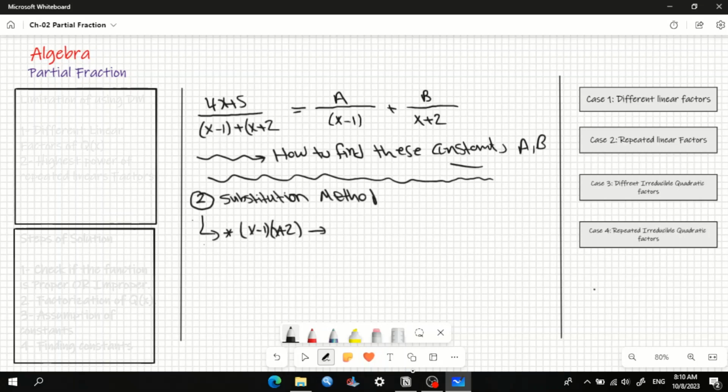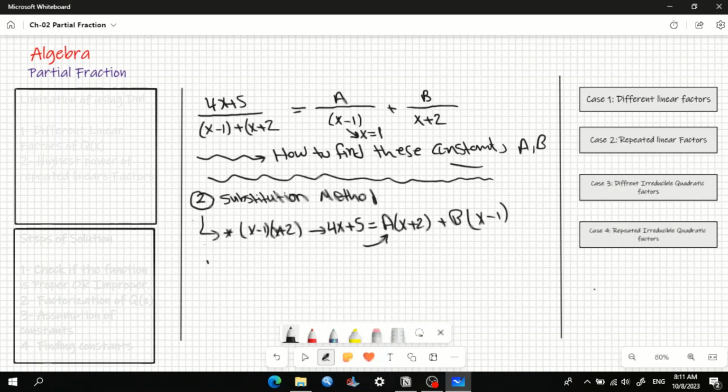So we will get 4x plus 5 equal to a times x plus 2 plus b times x minus 1. In the substitution method, to get the constant a, we will substitute by the zero related to this constant, the zero of the denominator. Here the zero of this factor is equal to 1.